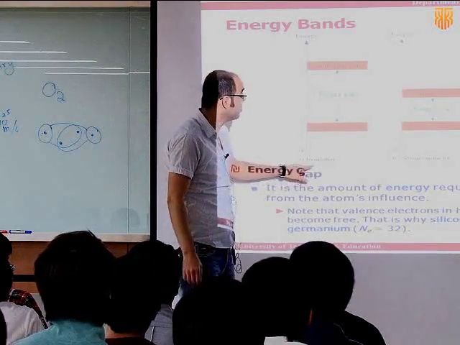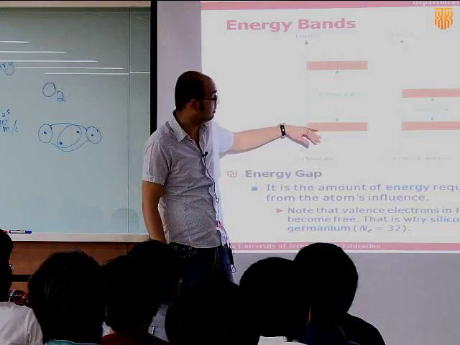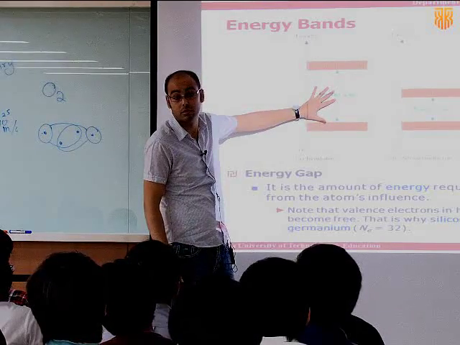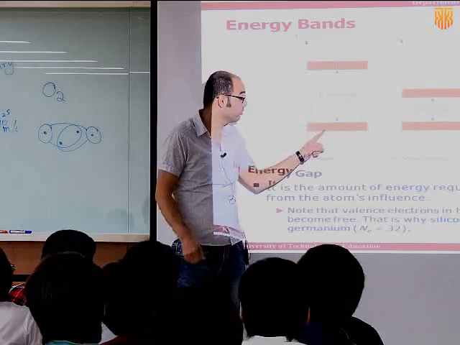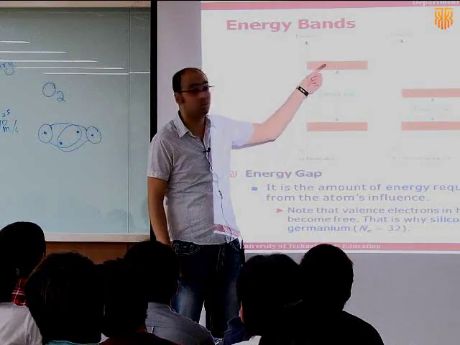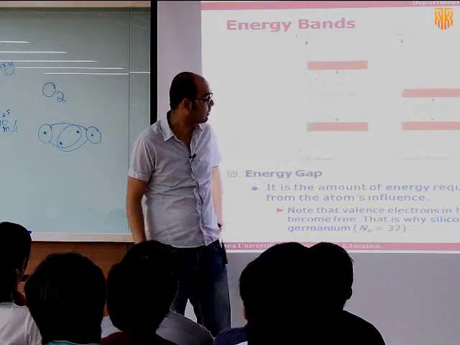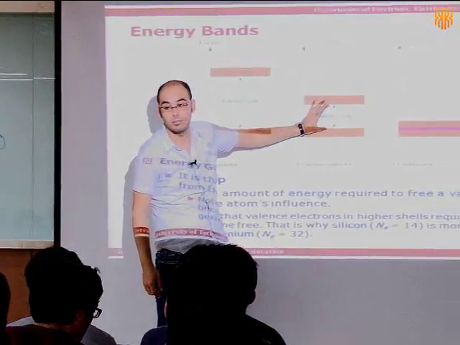So in insulators, the gap between the valence band and the conduction band is huge. You need huge energy to make the electron move from the valence band to the conduction band so it can conduct. Okay? Huge one. In semiconductors, we have a medium gap. Okay?